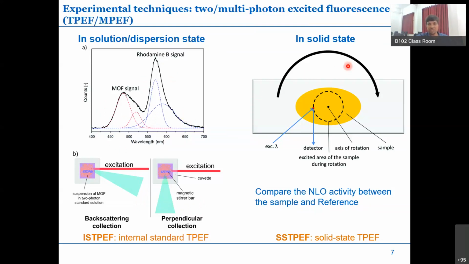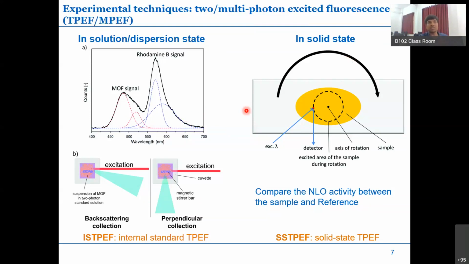In the second methodology, sometimes I don't want to dissolve my compound. Why? Because our compounds are porous, so the solvent can go in and influence the optical activity. I will also explain that with an example in the coming slides.